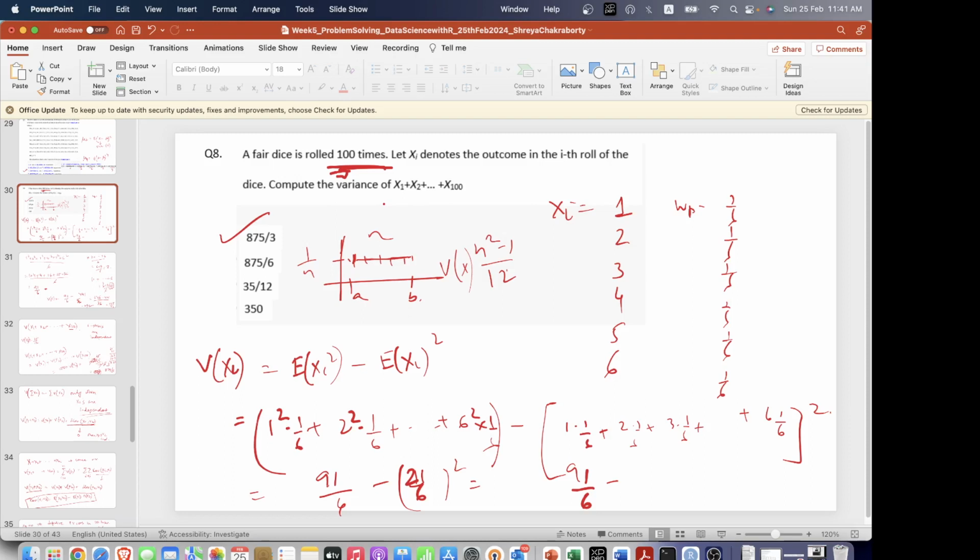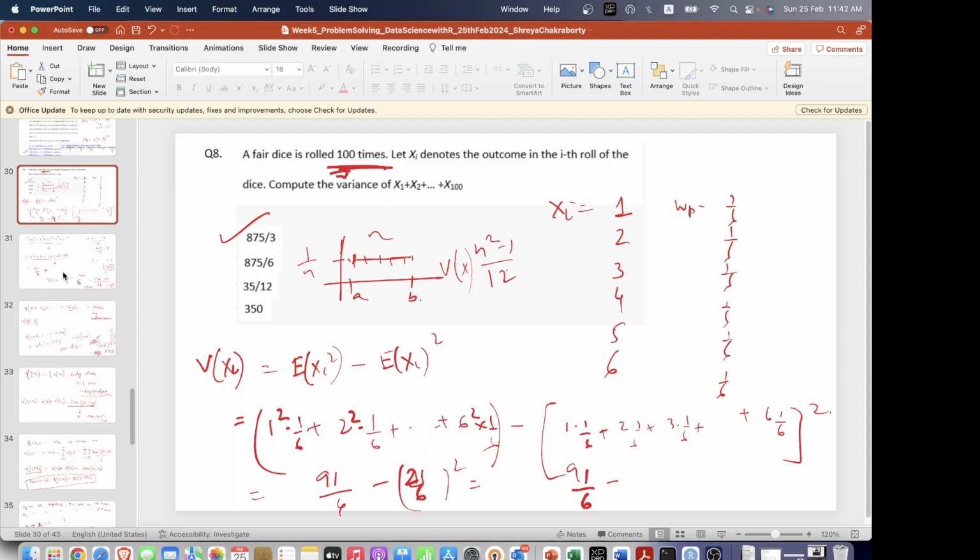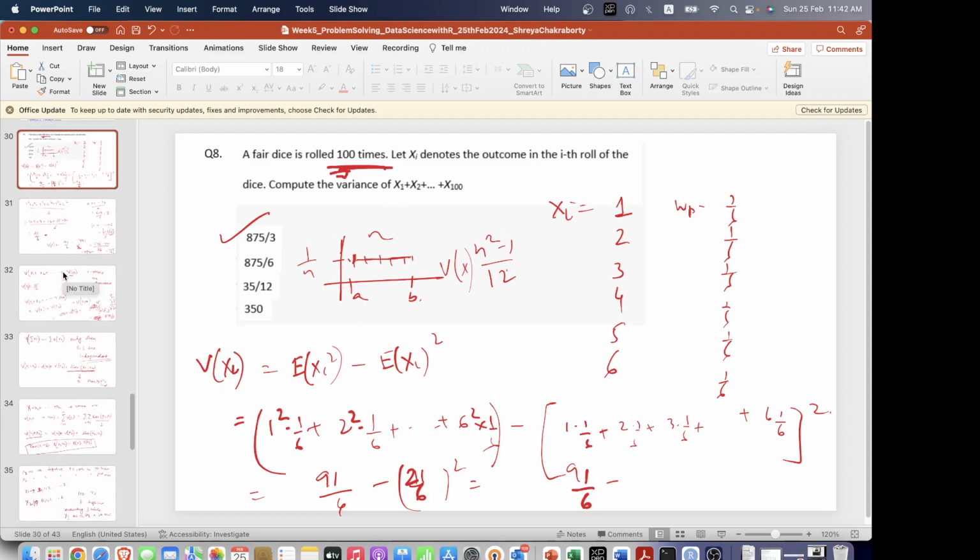Were you able to understand what I'm trying to say? Yes, ma'am. Okay. So that's the thing. If the outcome of one trial is not dependent on the outcome of the other trials, then only we say it is independent.